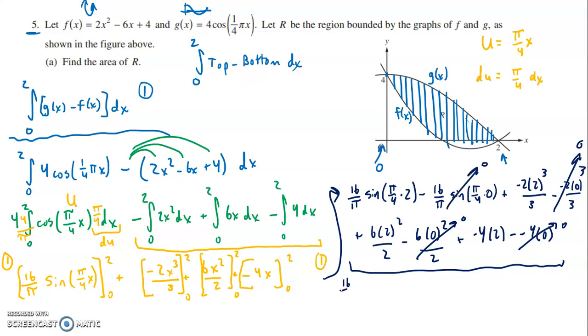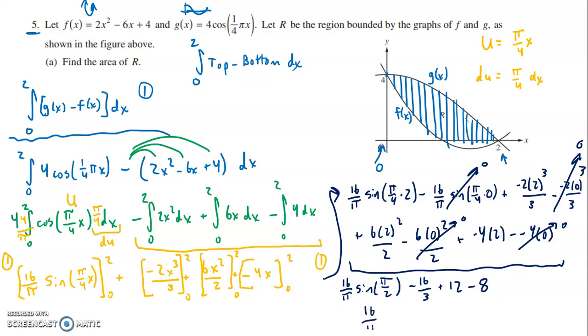So we've got 16 over pi, sine of this is going to become pi over 2. And then we've got negative 2 times 8 thirds, so that's going to be negative 16 thirds. Then we've got 6 times 4 divided by 2, that's going to be 12. And then we've got minus 8. Sine of pi over 2 would be 1.